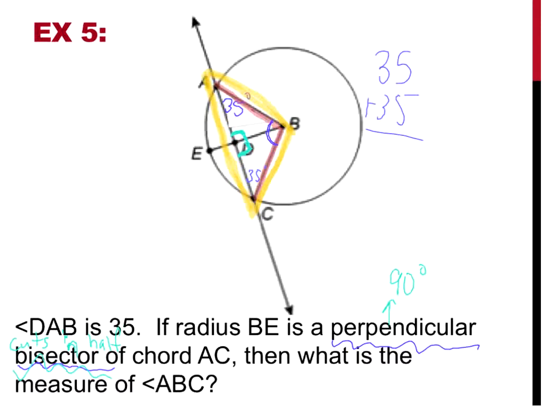So how many degrees do I have so far? 35 and 35? I feel like you were all at home and not here with me in the room. 70. Awesome. 70. Okay, so then how am I going to find my missing angle? 180 minus the 70. I get 110. So my missing angle is 110.